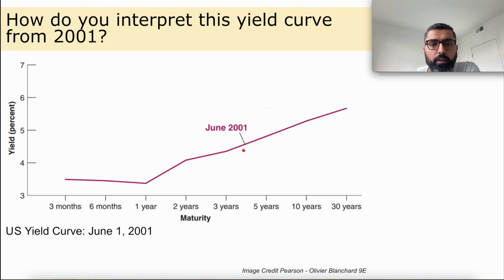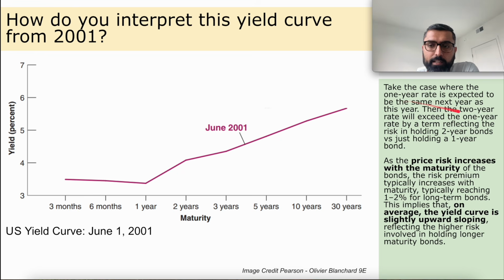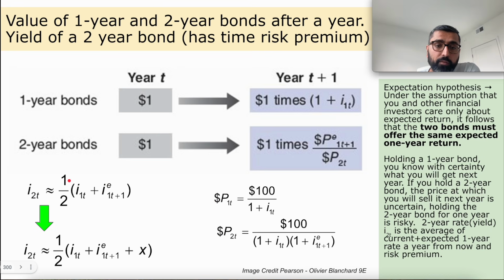And we understand a few things from here. What's happening is the yield is higher here compared to here, primarily because of the time risk associated with it. You just saw this with a 1-year and a 2-year bond comparison. You expect a higher interest rate even if you just go to 2 years.